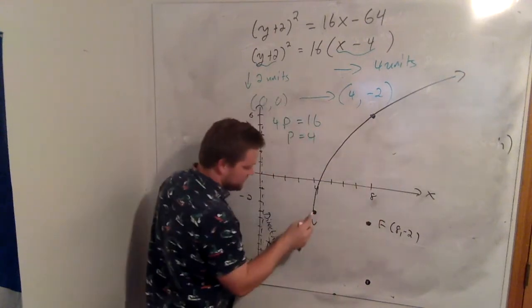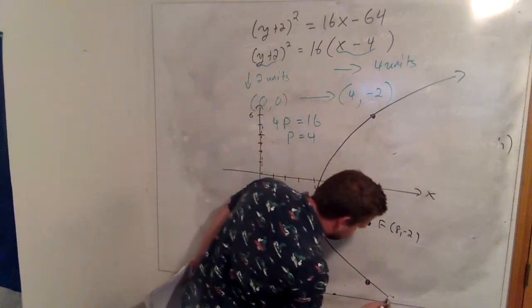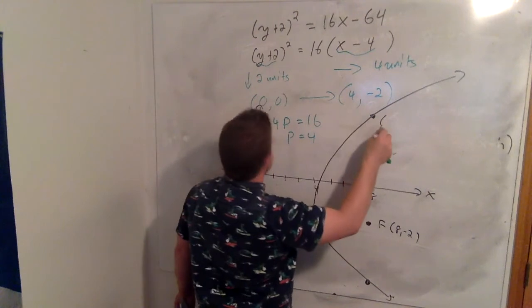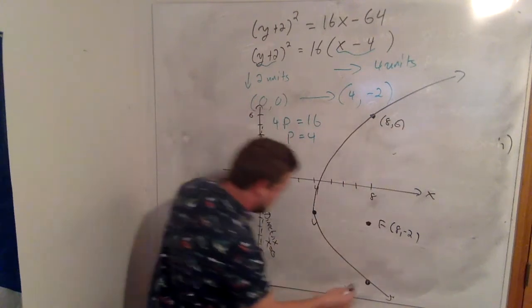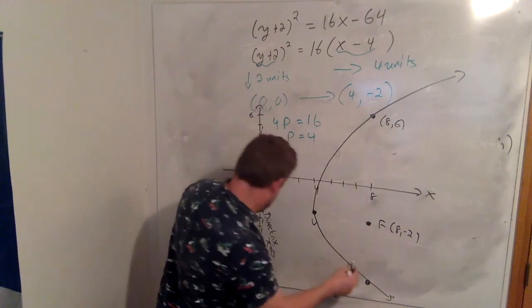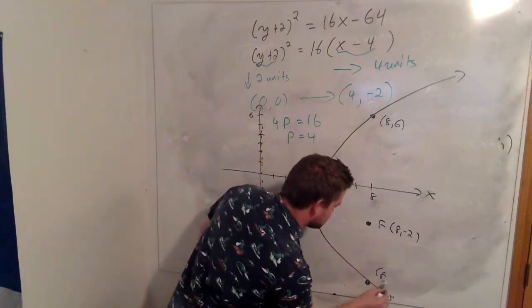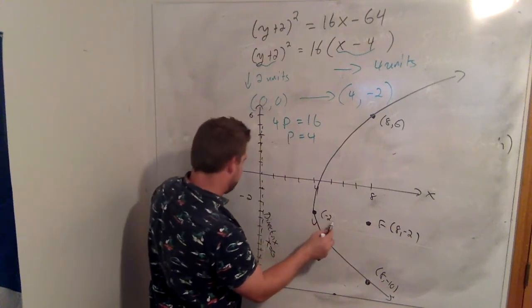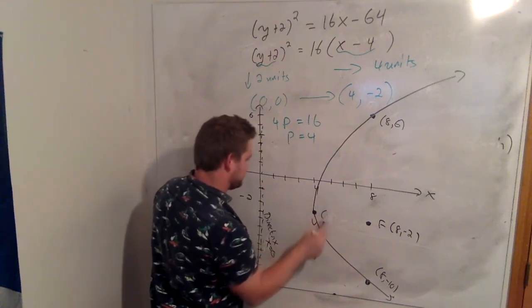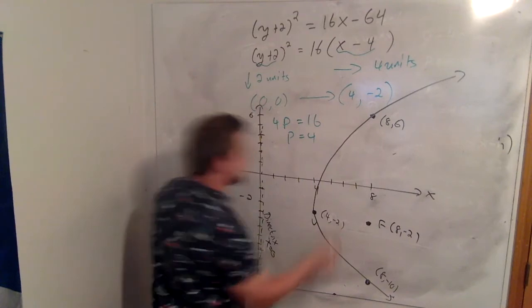So here's our parabola. Okay, let's label these points here. This will have points 8, 6, and this will have 8, -10. And our vertex is at 4, -2. And there we have it.